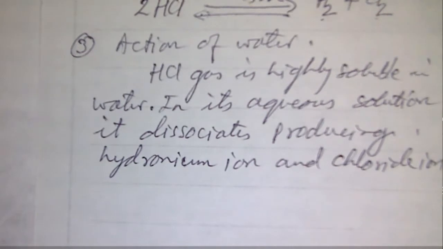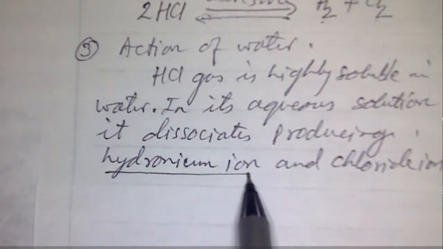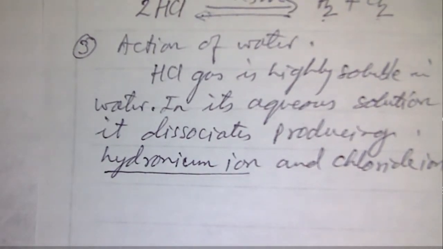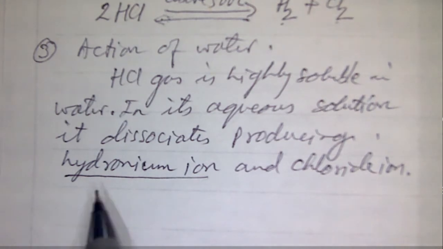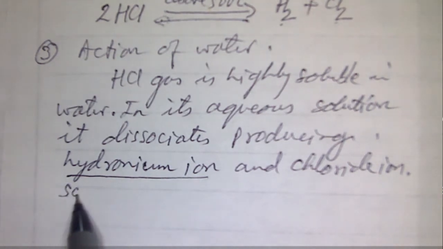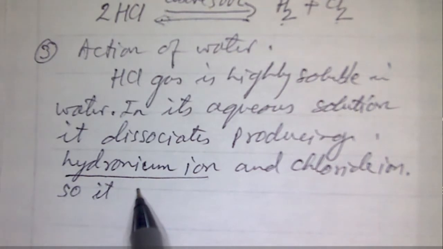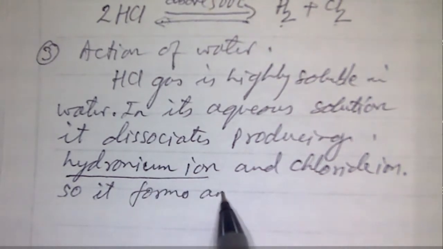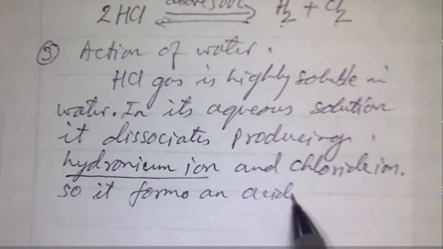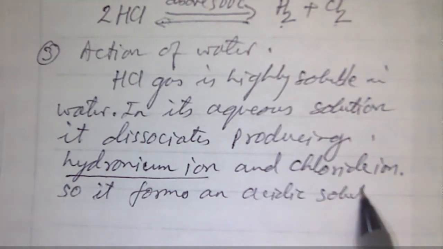So anything that forms hydronium ion, what is it called? Anything which forms hydronium ion, that solution you'll call an acidic solution. So it forms an acidic solution.